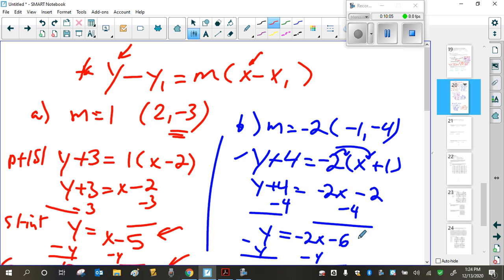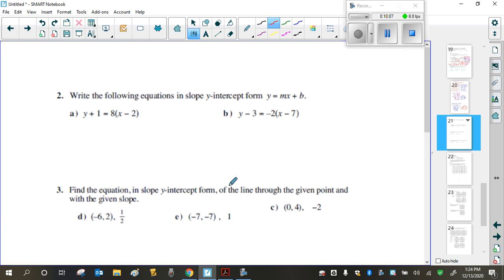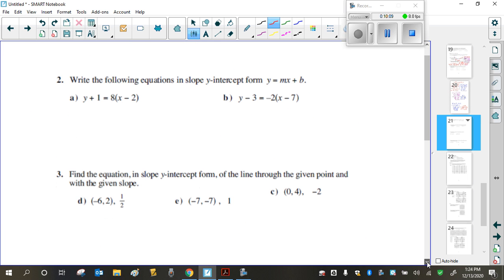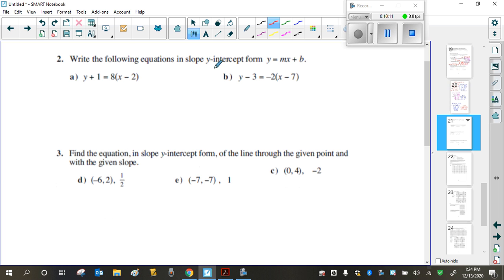Page 20 is for homework as well. This is slope-intercept form. So what does that mean? For number 2, slope-intercept form means y equals this one. Except for, I'm going to make one of these general.